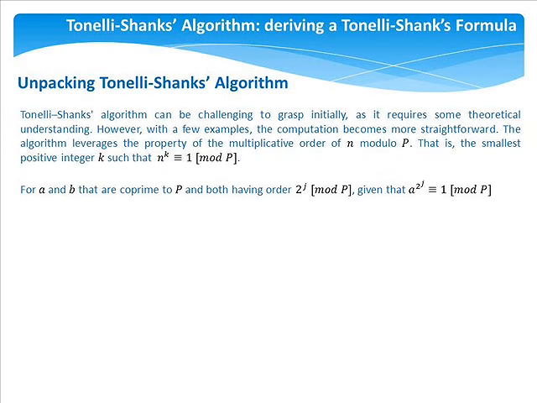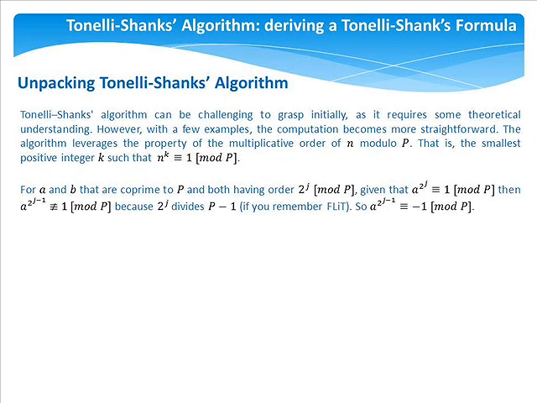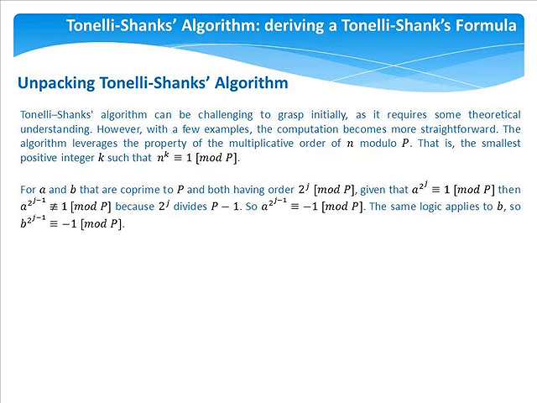Take a and b that are co-prime to p and both have order 2^j modulo p. Given that a^(2^j) is congruent to 1 modulo p, then a^(2^(j-1)) is not congruent to 1 modulo p, because 2^j divides p minus 1. So a^(2^(j-1)) is congruent to minus 1 modulo p.